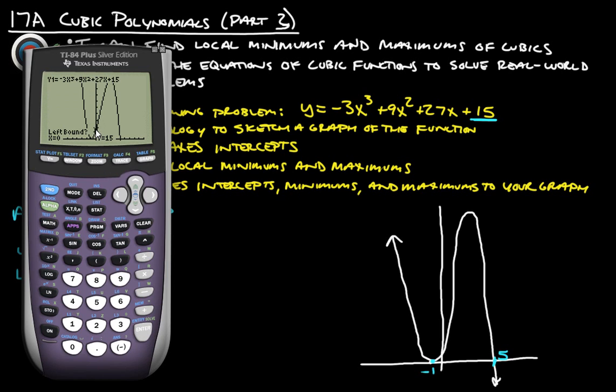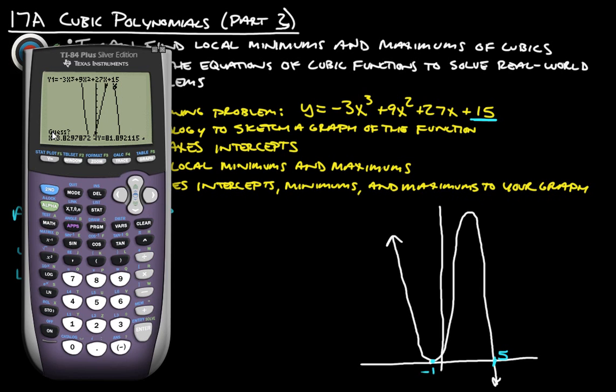Then we get this little blinking cursor. We want to get it close to the top, but not quite at the top, on the left side, because it says left bound. So get this up close to the maximum on the left side and push enter. Then it says right bound, so we get that over onto the right side of the maximum and push enter.